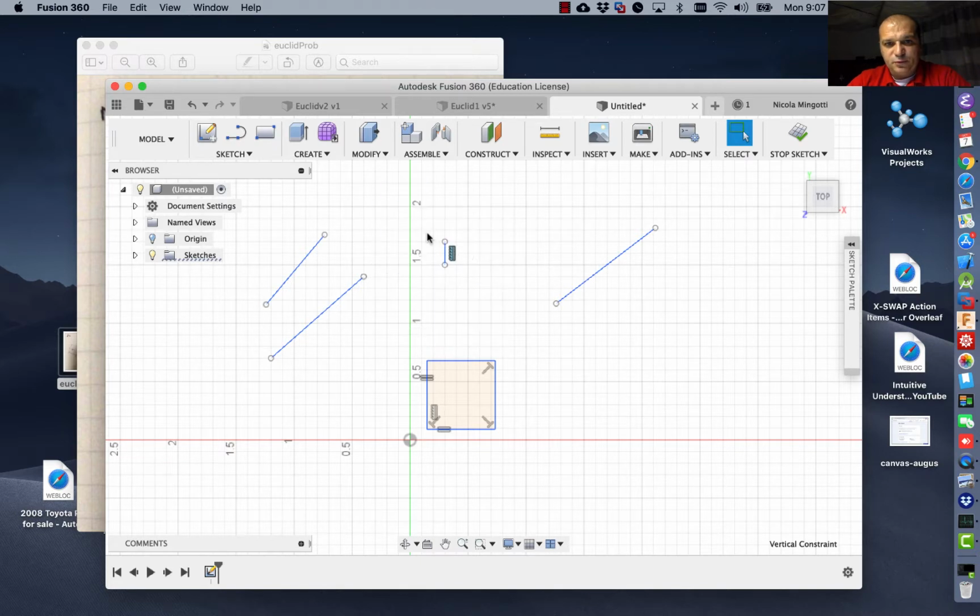We must be careful not to add constraints automatically that we don't want.